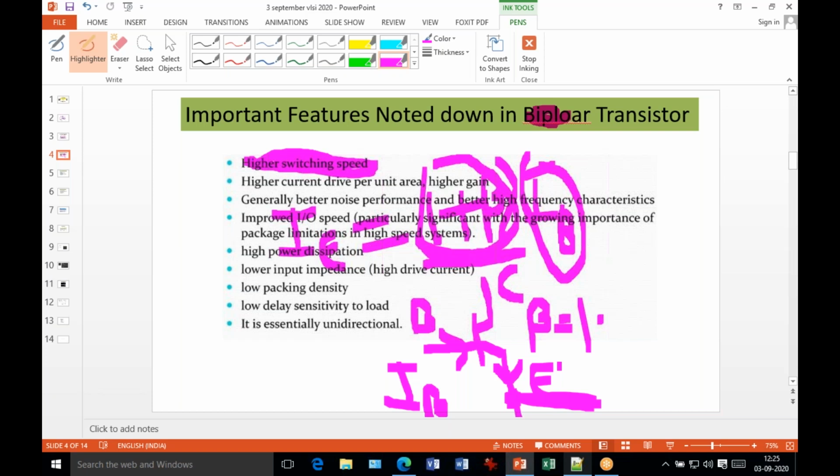Your base current IB is very small, but the other parameter is multiplied here, which is 1 plus beta. So that means this IE current is very high.